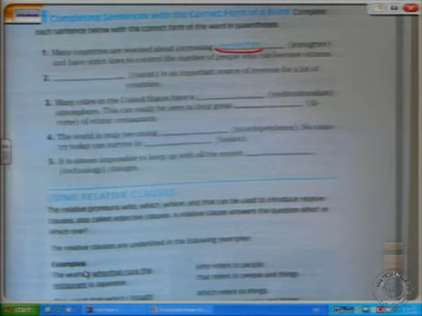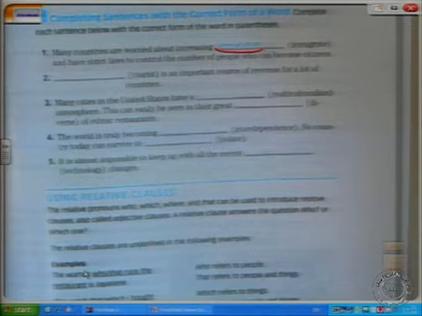Let's move to sentence number 2. We have between parentheses the word tourist. Tourist is a noun. It is used for a person. A person who visits other countries is a tourist. So it says, blank is an important source of revenue for a lot of countries.